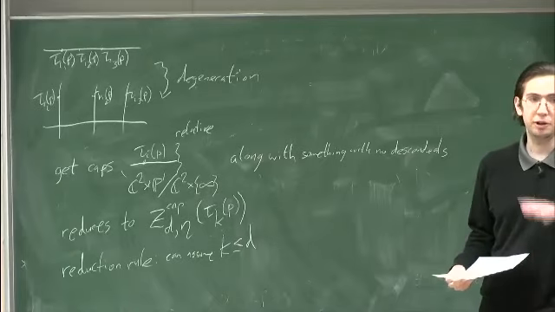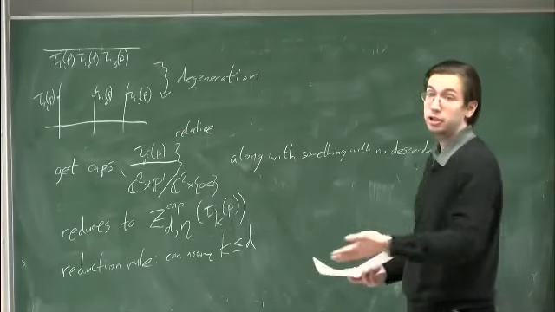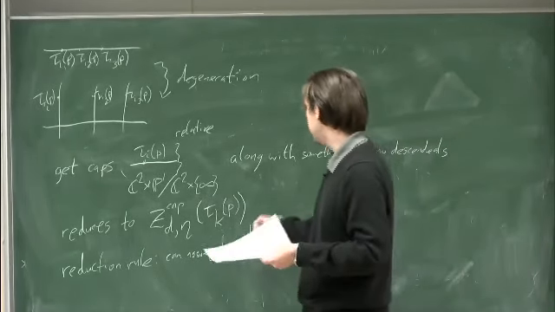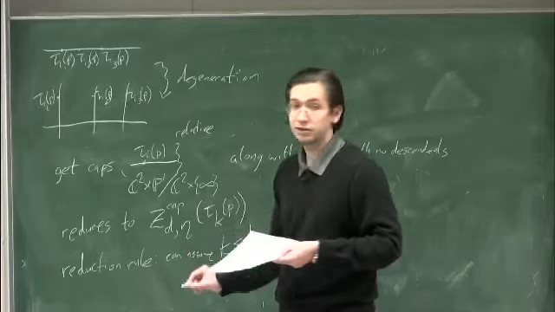So that's now a very small set of partition functions that we'd have to prove rationality for. Just k is something between 0 and d, and eta is some partition of d.